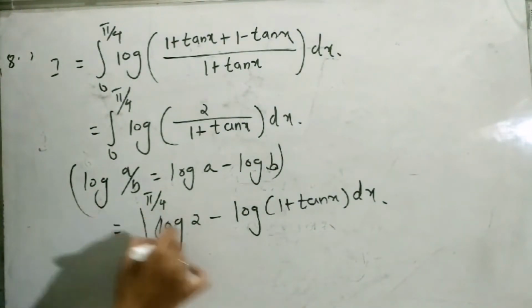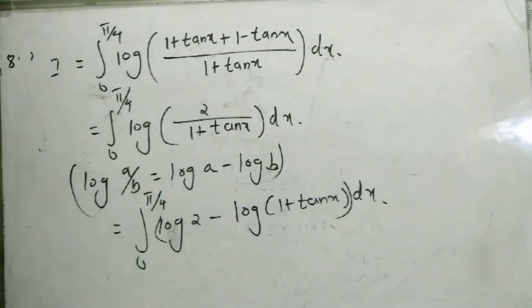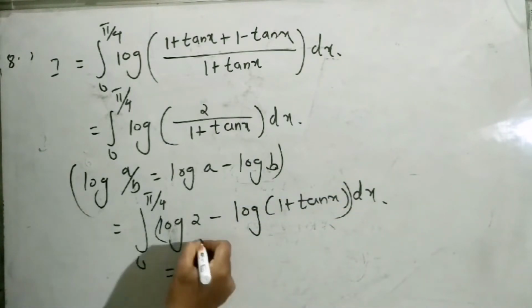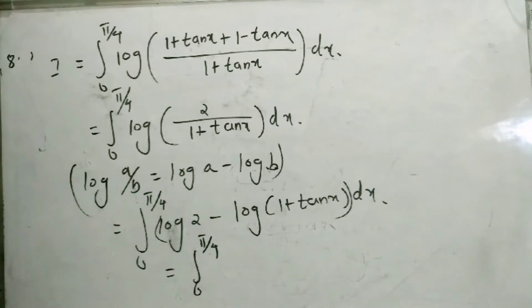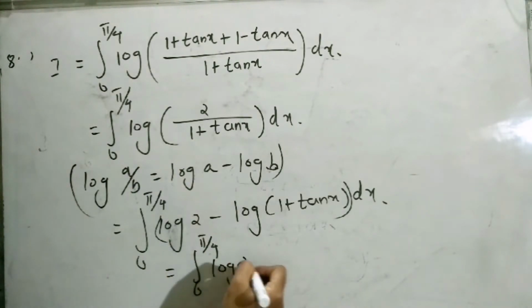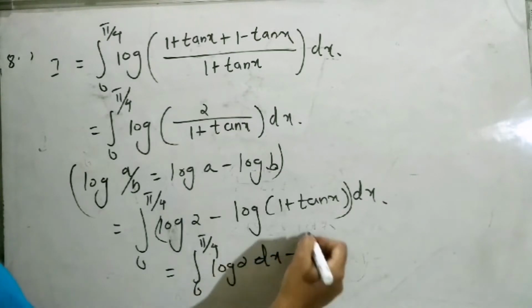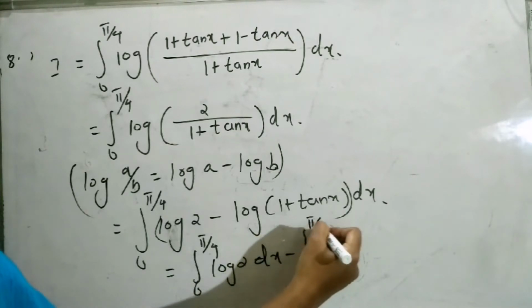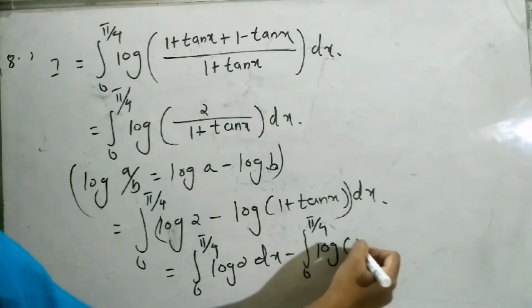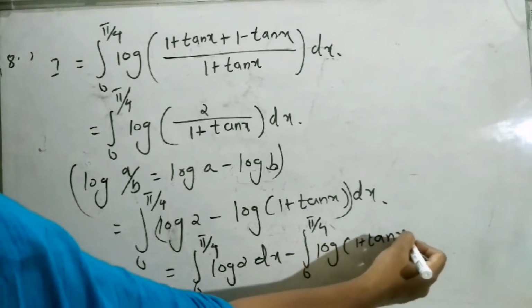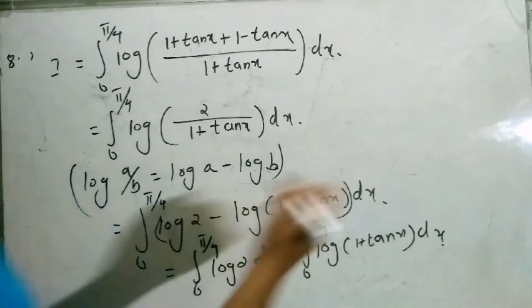Now I am going to split this integral into 2. This is equal to integral 0 to pi by 4 log 2 dx minus integral 0 to pi by 4 log of 1 plus tan x dx.